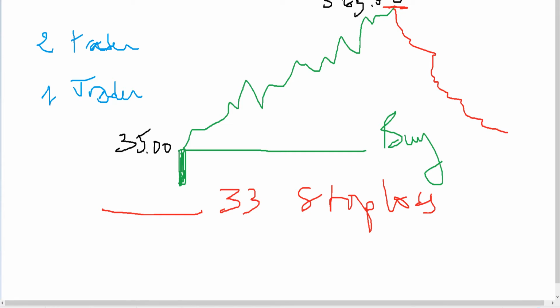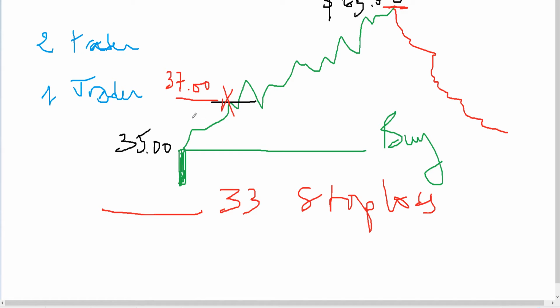This is where it stops and then goes down. Now the first trader, from 35, it goes, let's say here, and he exits the trade at $37.